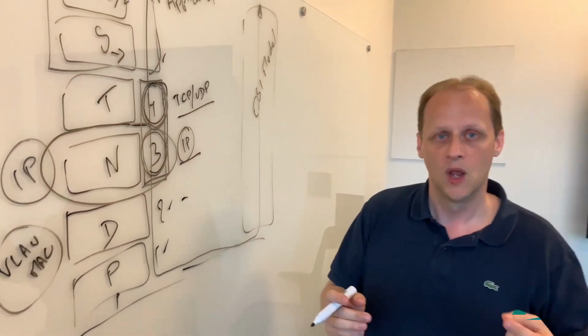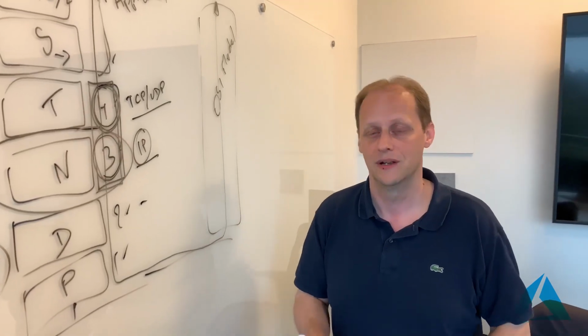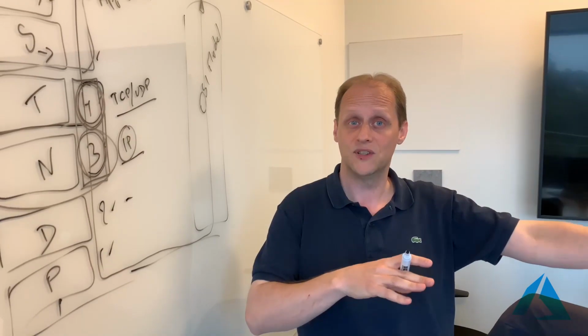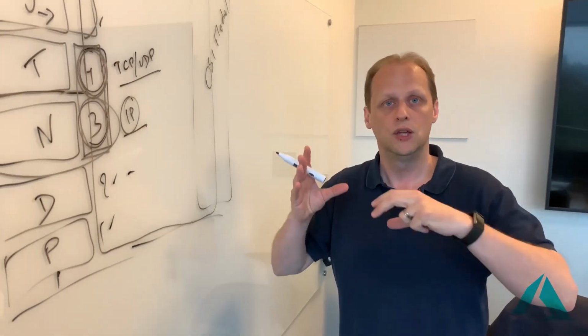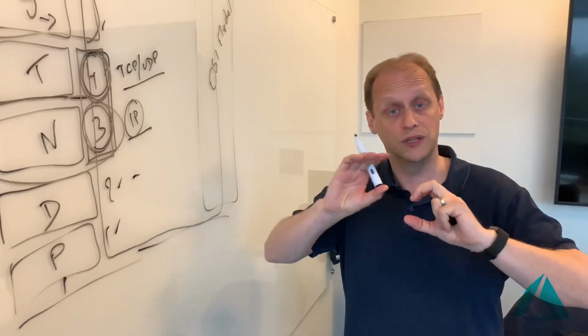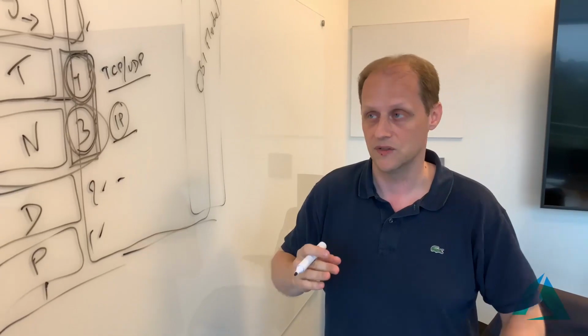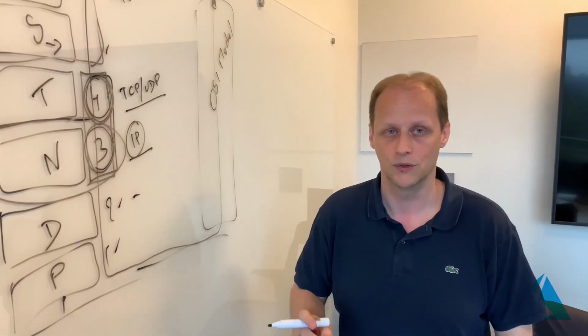Fantastic. Now, when we talk about UDRs, user-defined routes in Azure, a basic principle is to translate that to the on-premises world: they are static routes. Everything in Azure uses BGP in terms of routing protocols to determine what the best route is. But you can introduce UDRs and static routes if you want to.